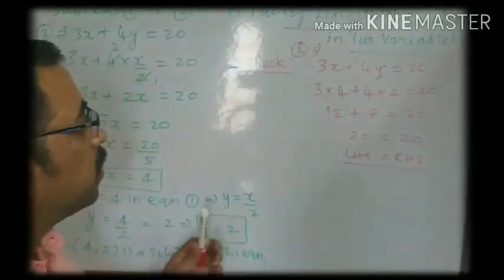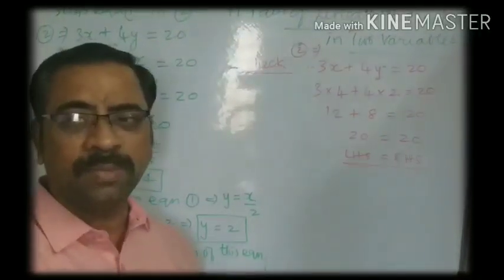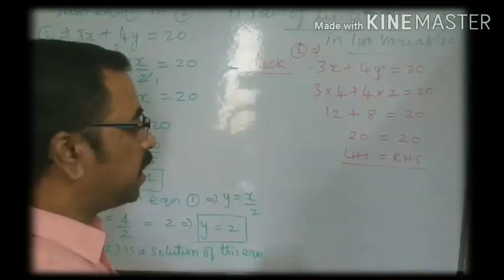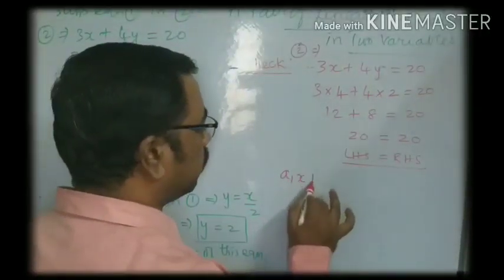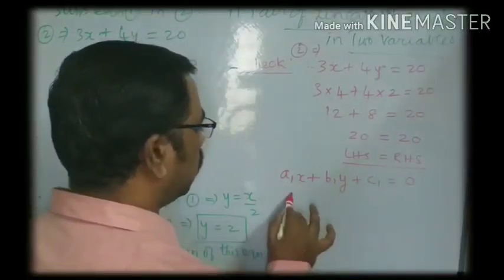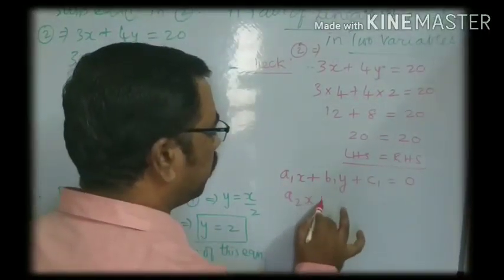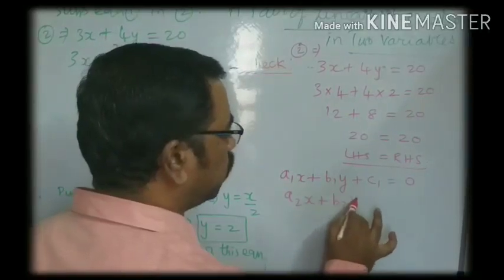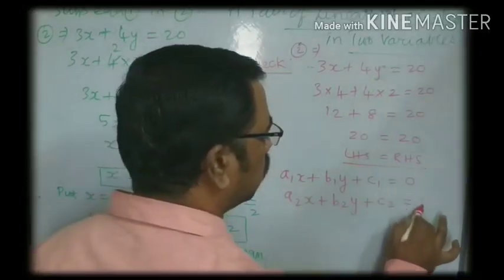So this kind of pair of linear equations in two variables, in general form, we can represent as a1x plus b1y plus c1 is equal to 0. Similarly the second equation can be written as a2x plus b2y plus c2 is equal to 0.